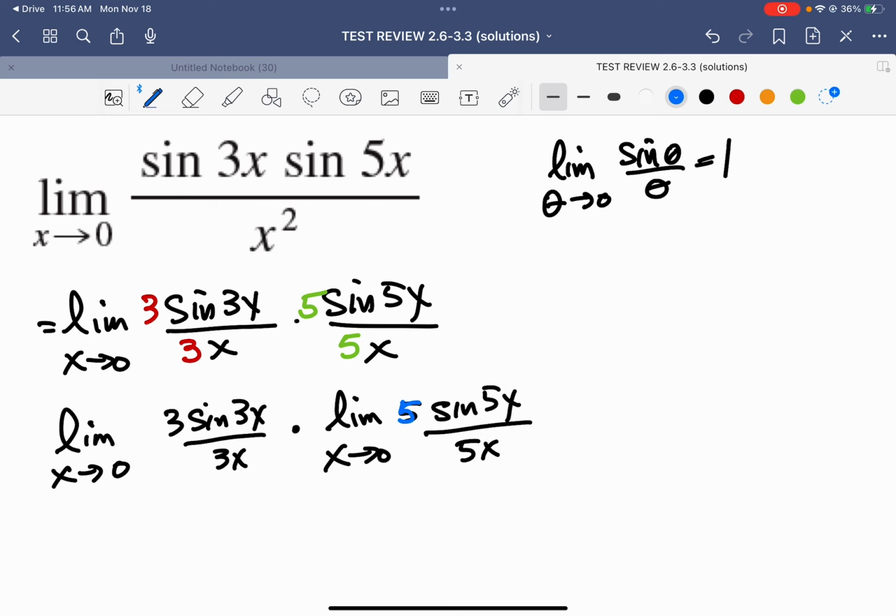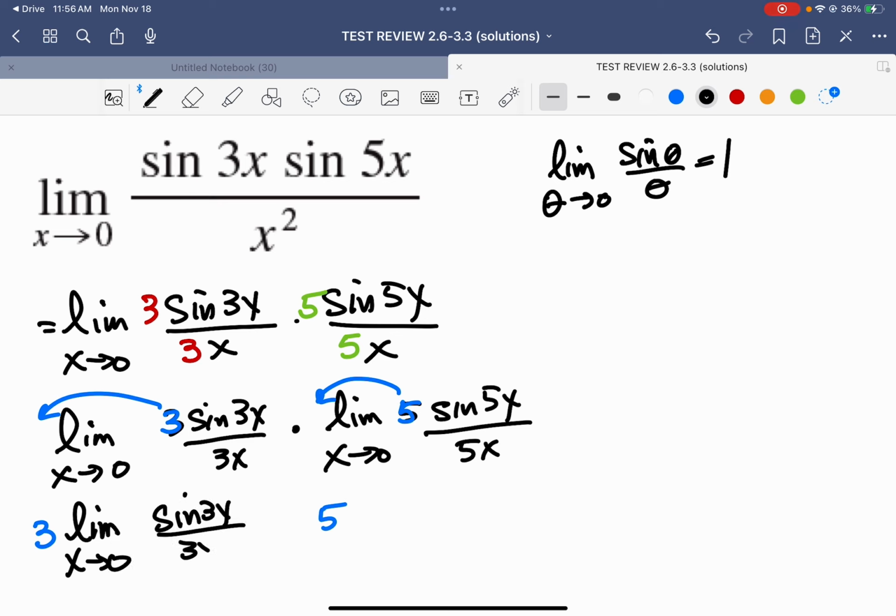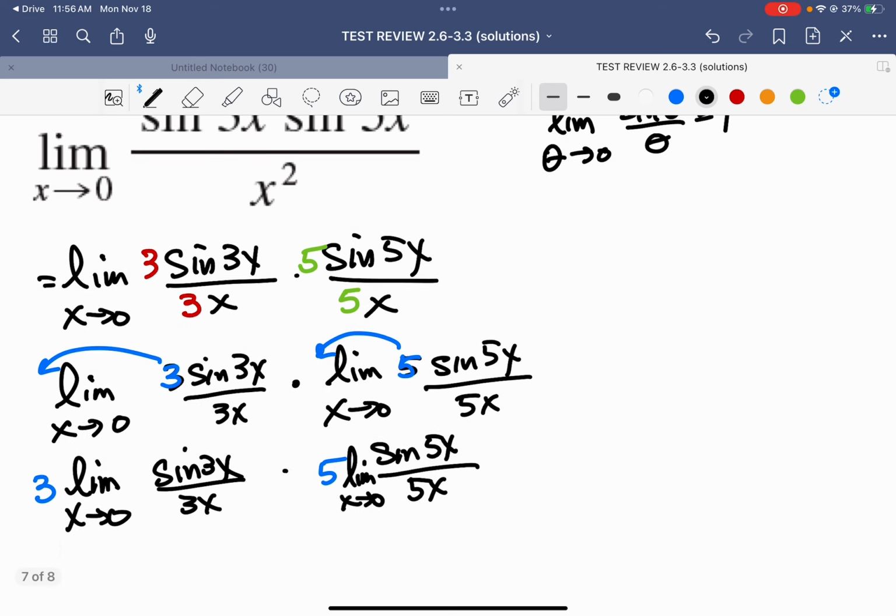But then I can take these constants and pull them out front. So really what you're left with is the limit as x goes to 0 of sine of 3x over 3x times 5 sine of 5x over 5x.